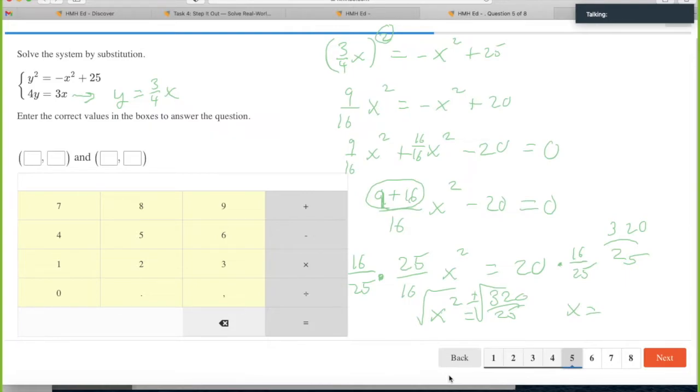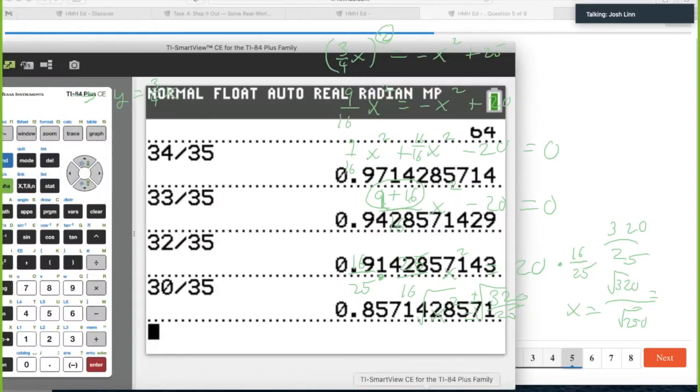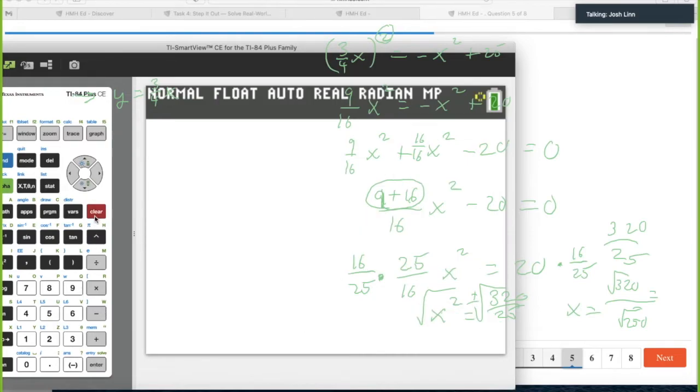So we're going to have square root of 25 over square root of 320, which is going to equal, so I'll do it in my calculator. I didn't know what 320 is divisible by for a perfect square. I had a hunch that it was 4.